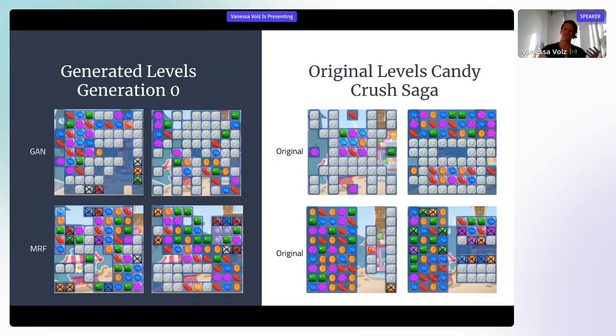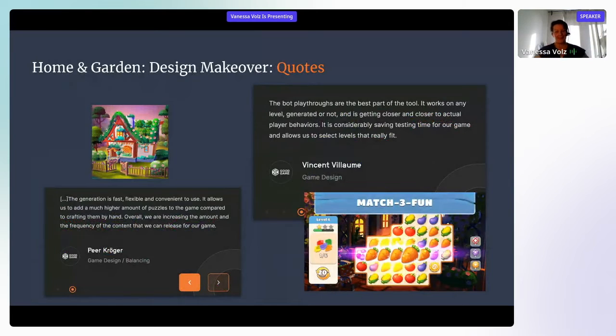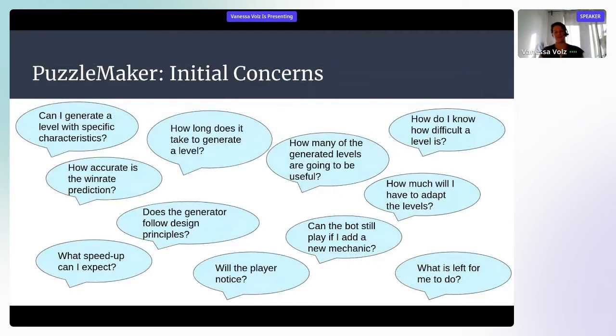And you will be happy to know that at some point we did improve our methods and figure it out, and we actually were working with customers that were using our generation and win rate prediction tools as a central part of their workflow. So that is great, but at the start, of course, we had a lot of concerns, and that is really the part that I want to talk about.